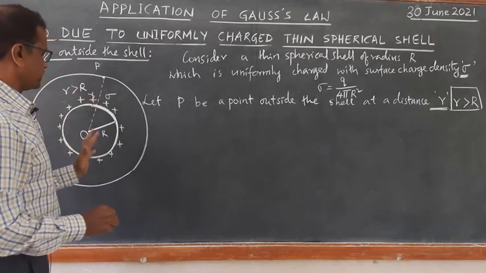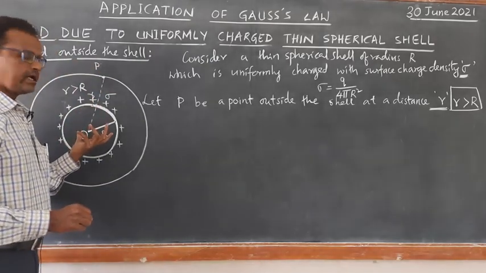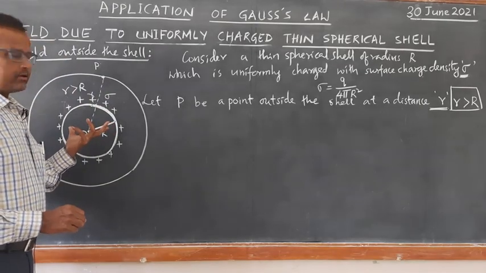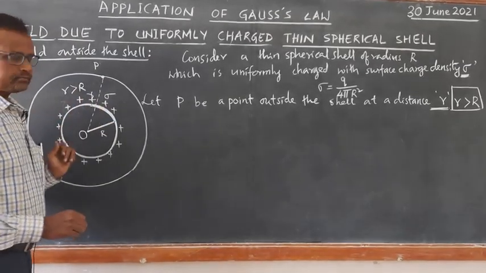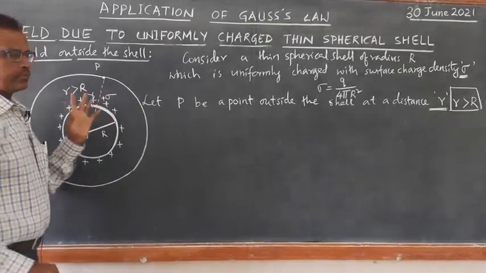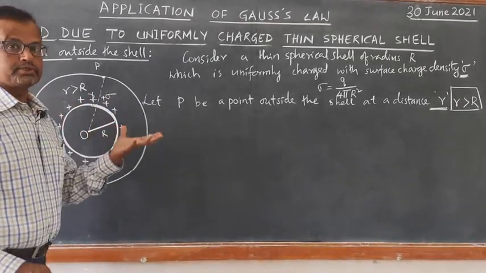And this Gaussian sphere encloses the entire spherical shell of charge density sigma. So, we have taken shell of positive charge density.